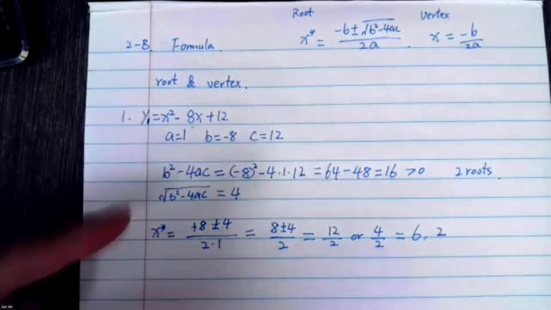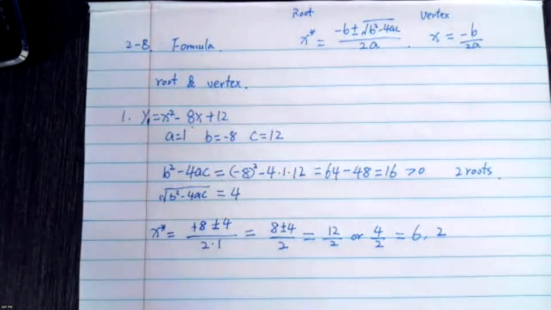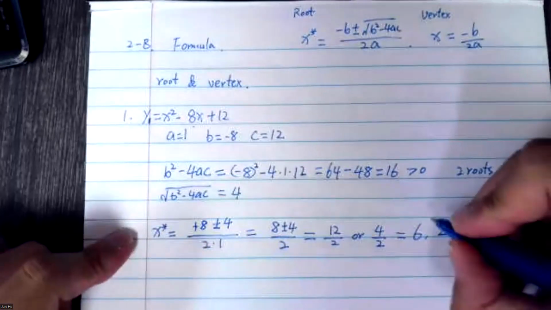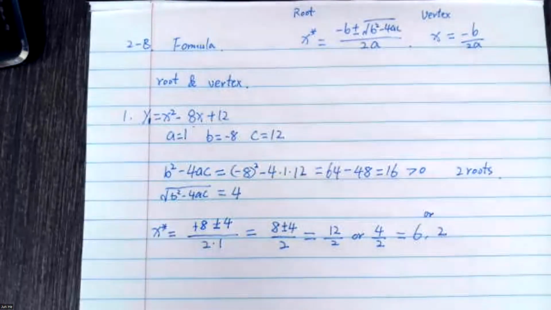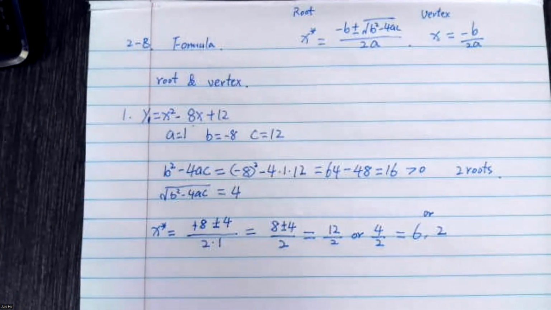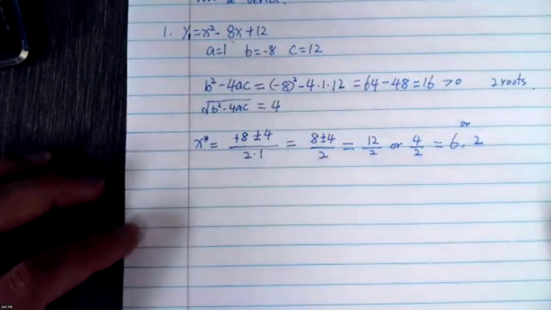So I actually use the same number as example A, and here the result is the same as example A. So when x equal to 6 or 2, f(x), the parabola, just crosses the x-axis. Now let's look at other two examples.